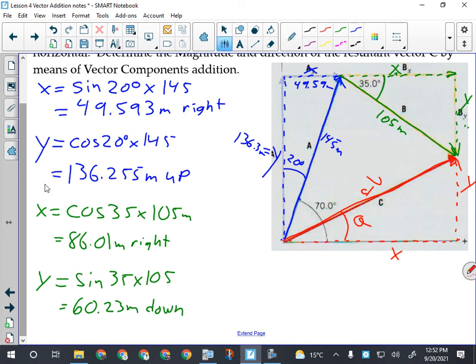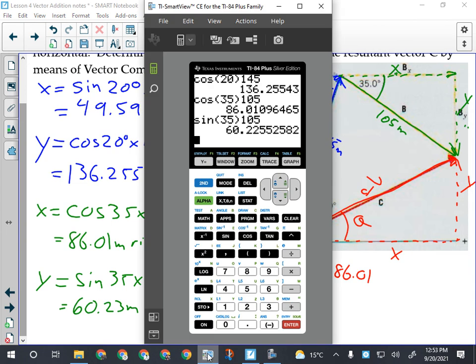So that means that red x is going to be the sum of blue x and green x, which makes sense, right? I mean, if I look at those two put tail to head, they're the same size as red x. It would make sense to add them. Okay, so blue x was 49.593, plus green x, which was 86.01. Now, I kept all those decimals in my calculator, and I did that on purpose for this step.